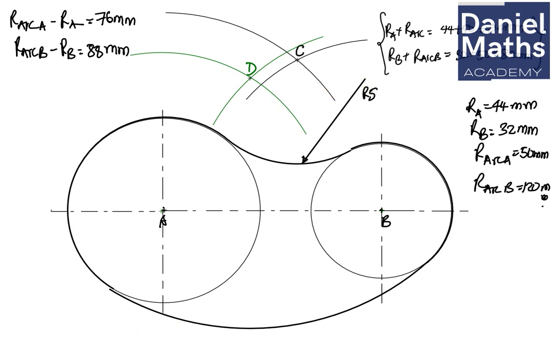Now also I have this other radius, from this point to this point. So this is radius 120. So I have this, and that is radius 120. Okay, so this is arrow 120.